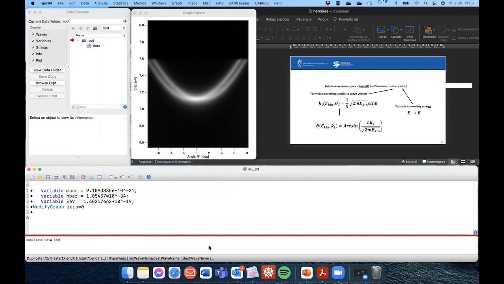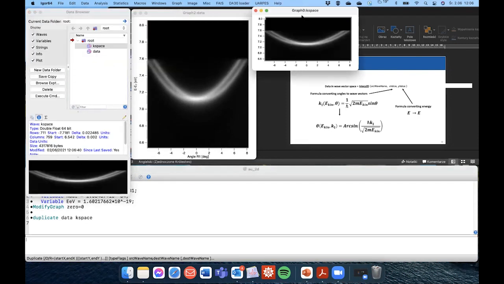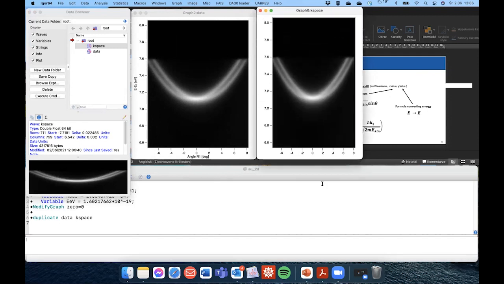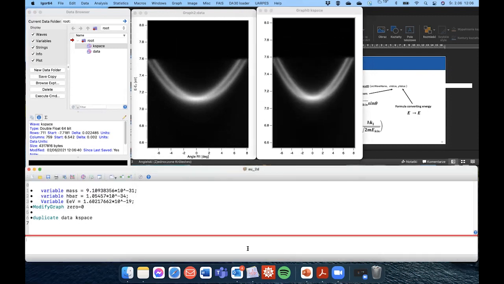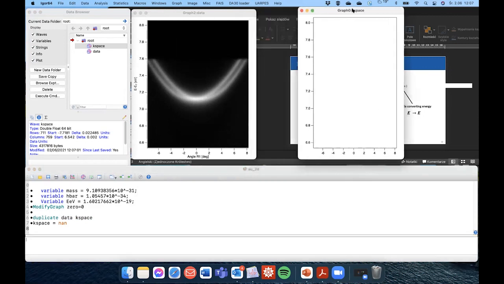Let's say K-space. Okay, now we have two identical matrices. Just to clear the situation, we can clear this output matrix.